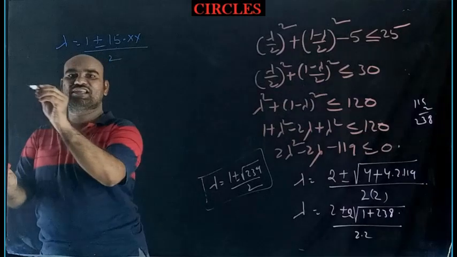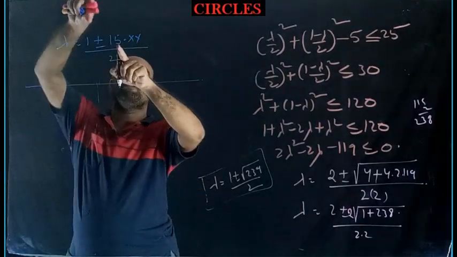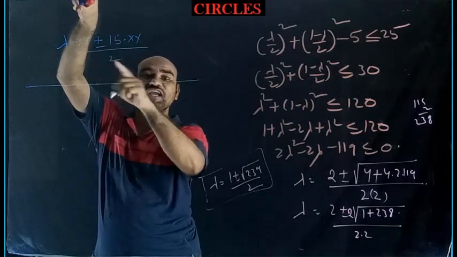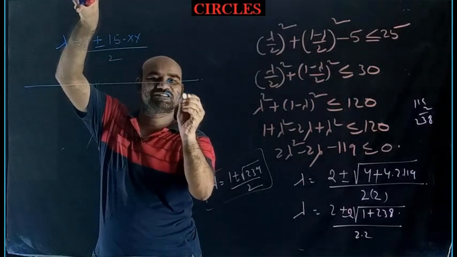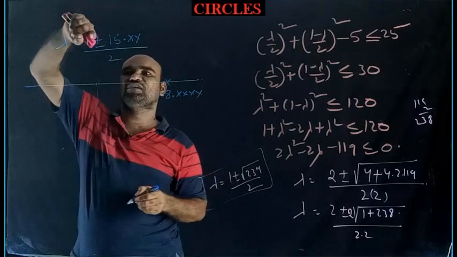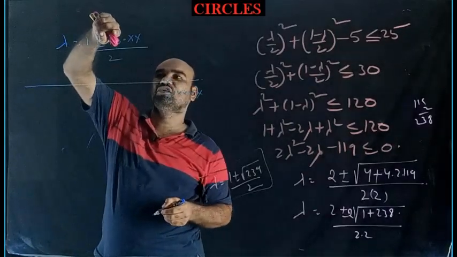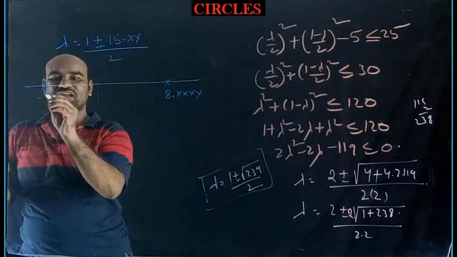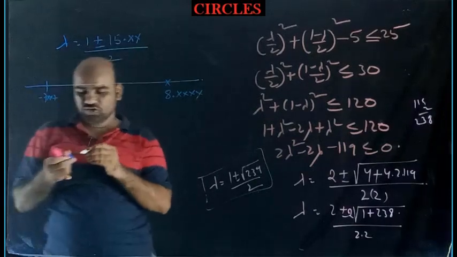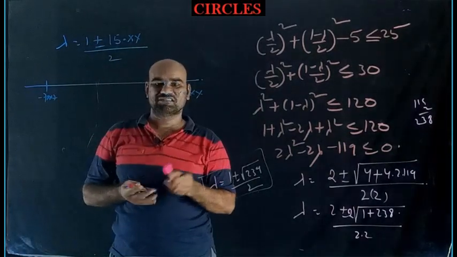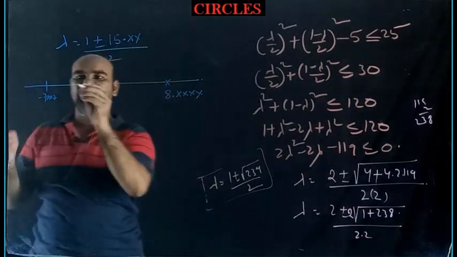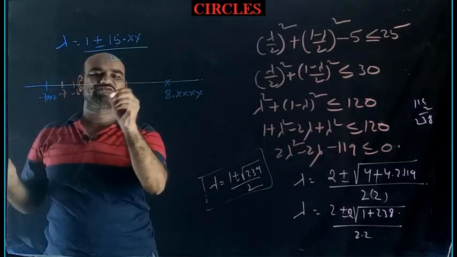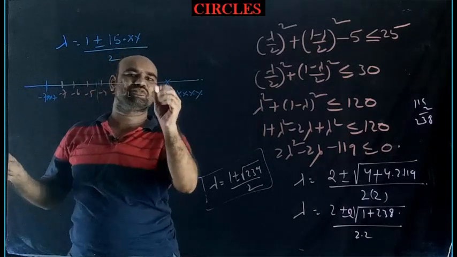So I want to take a number line here. 1 plus 15 point something is 16 point something, by 2 is 8 point something. If you take 1 minus 15 point something, that means minus 14 point something, by 2, minus 7 point something. Now we want to identify the number of integers between these two. Automatically minus 7 will be minus 6, minus 5, minus 4, minus 3, minus 2, and so on up to 7.